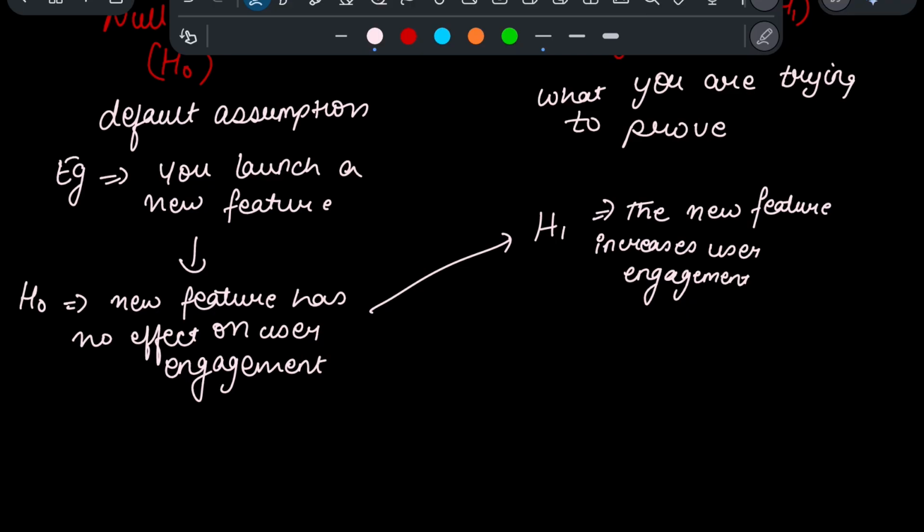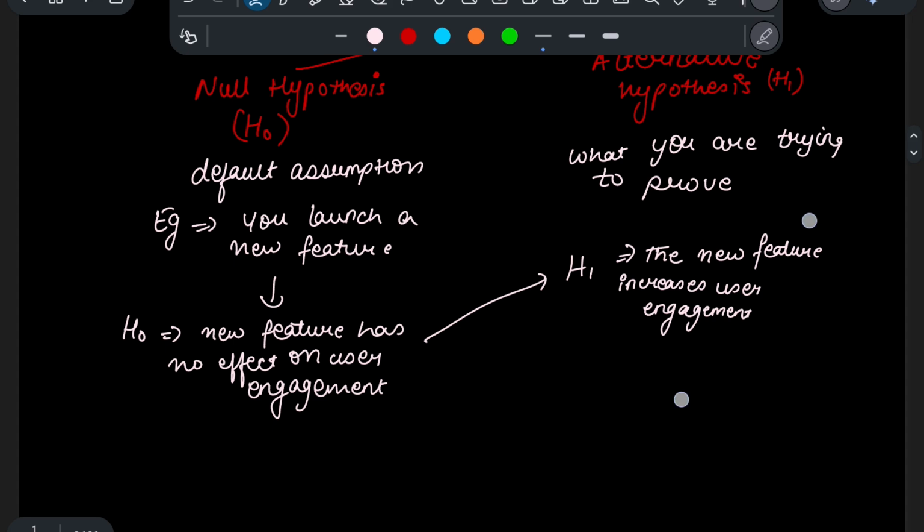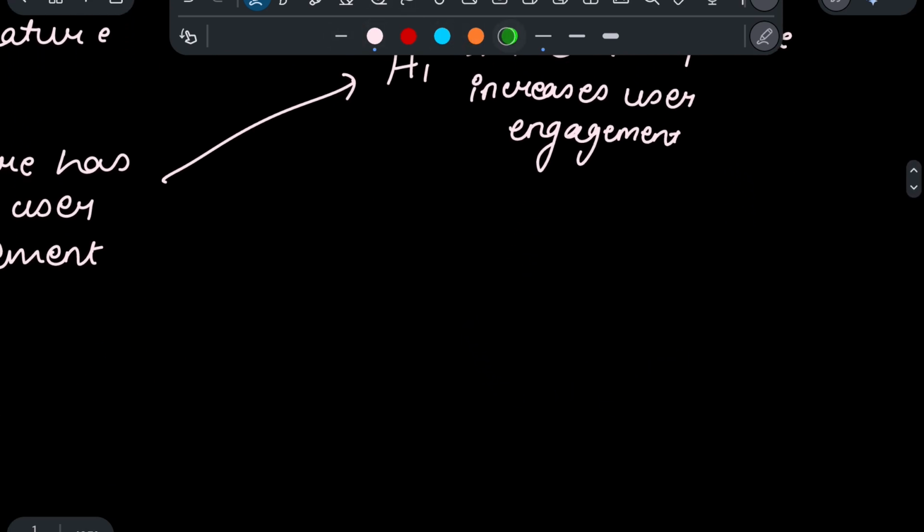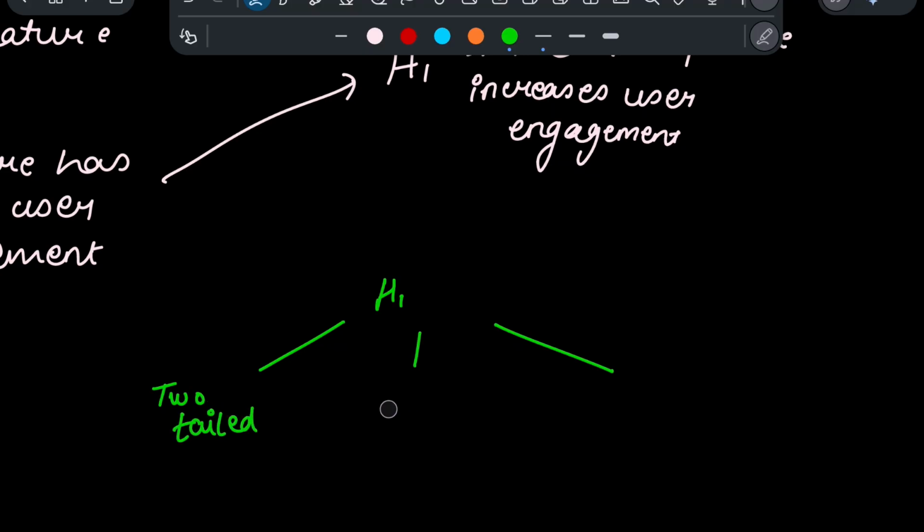Now there are basically three types of the alternative hypothesis, okay. So let me talk about that also. Your alternative hypothesis basically has three types. First one is the two-tailed alternative hypothesis, the second one is the right-tailed, and your third one is the left-tailed, okay.